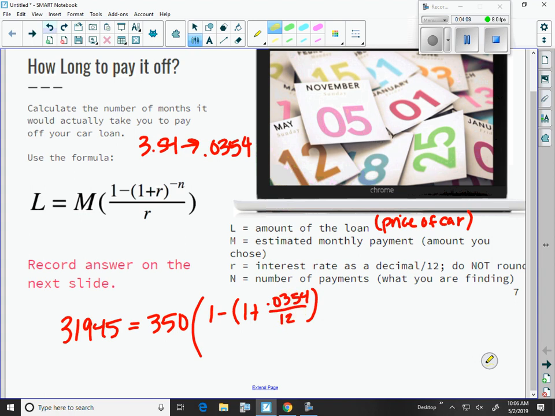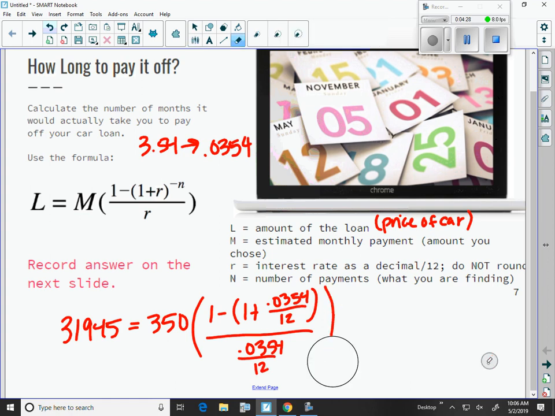Okay, and then divided by R again. Forgot my power. Okay, my power is negative N.